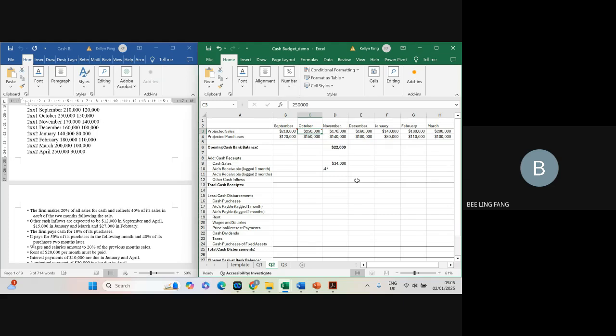Although this question didn't mention it, 20% plus 40% is only 60%, so there is another 40% here.